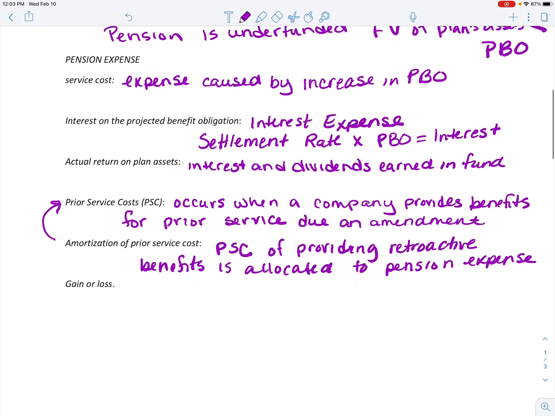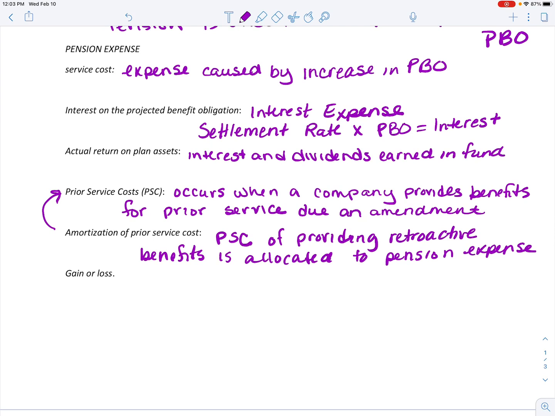And finally, we have gains or losses. These come into play for two reasons. One, it's the difference between the actual return and the expected return.